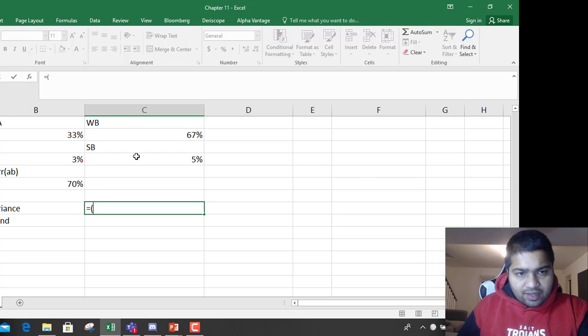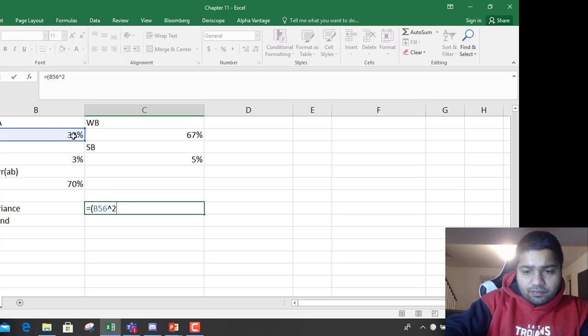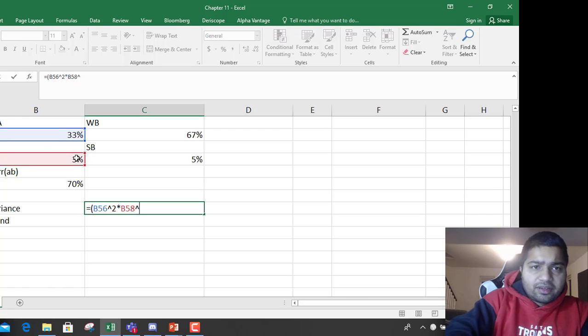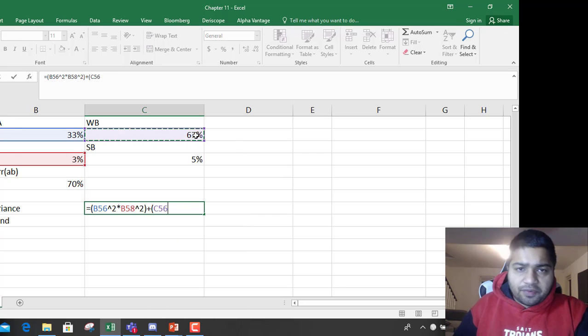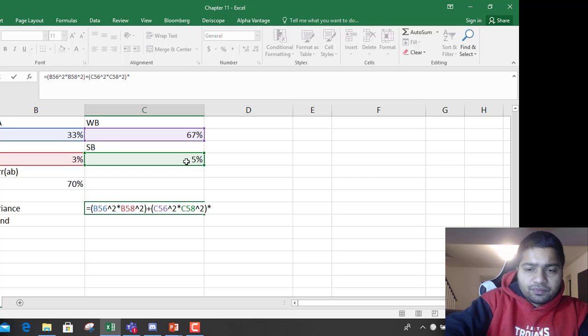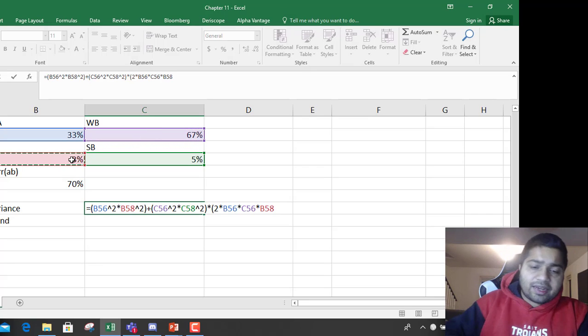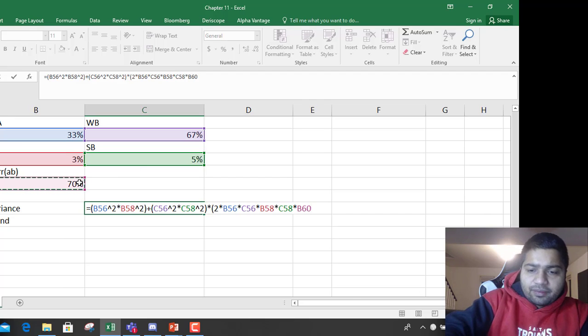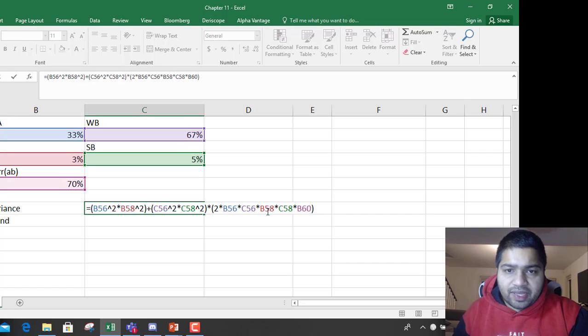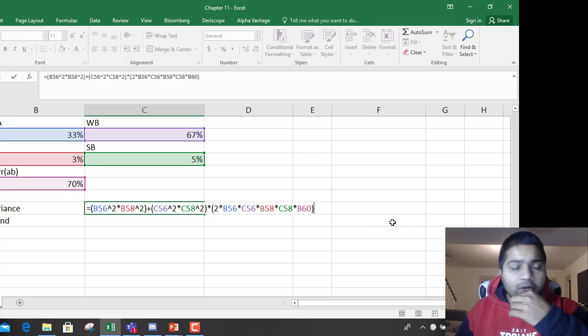The formula is weight of asset A to the power 2 multiplied by standard deviation A to the power 2, plus weight of asset B to the power 2 into standard deviation B to the power 2, plus 2 times weight of asset A into weight of asset B into standard deviation A into standard deviation B into correlation A and B. So multiply everything.